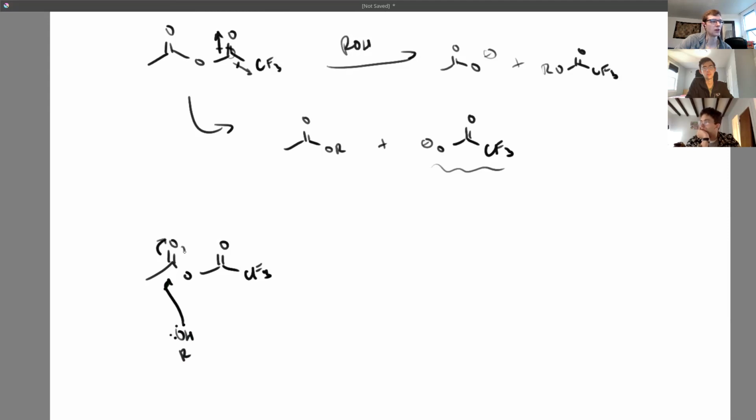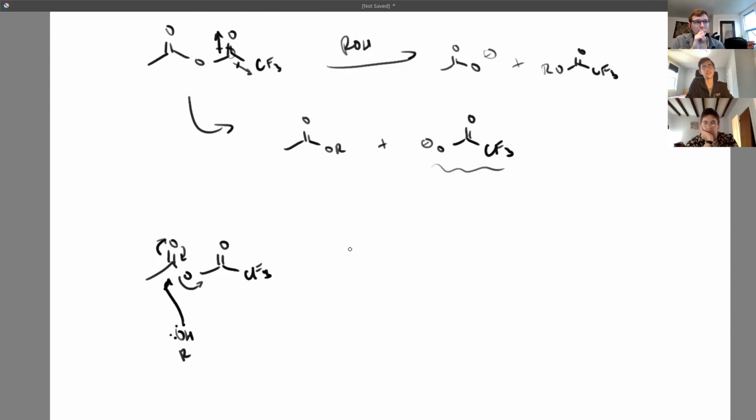Then we kick up here and we kick down here, and this is better off leaving. It's funny, in lecture I think we went over it with specific emphasis on electron withdrawing groups and electrophilicity of the carbonyl. So actually, that's hard for me to reconcile.